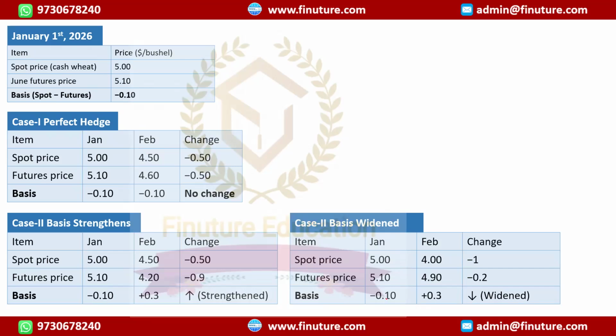But let's understand with an example, because examples give you more insight and give you comfort that your concepts are in place. So let's say on January 1st, there is some farmer, and at that time the spot price of the wheat is $5, and he wants to sell that wheat at a price of, say, 5.1.